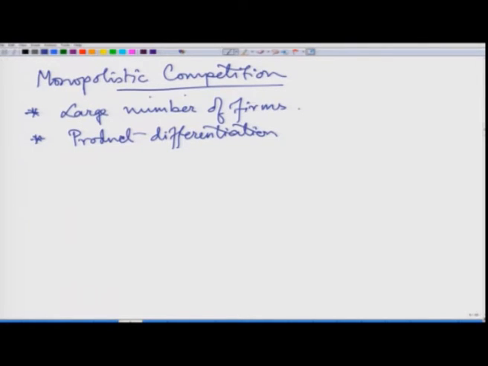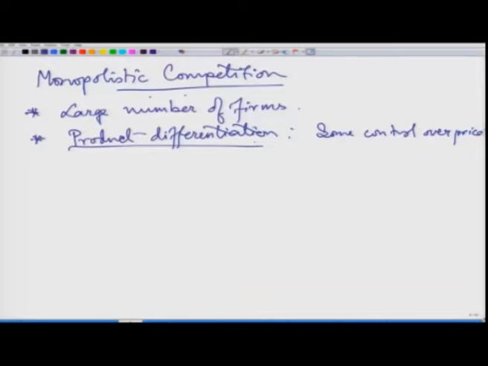So these firms may have some control over the price, because here they can now fix separate prices for separate commodities, separate kinds of products. That was not possible in perfect competition, because the first thing there was a homogeneous product. Here the first deviation is product differentiation, and every product cannot be priced similarly.